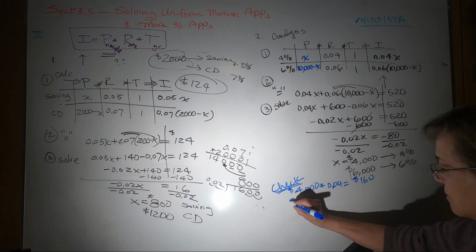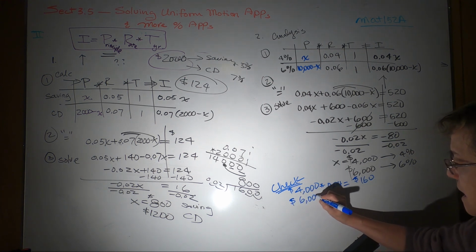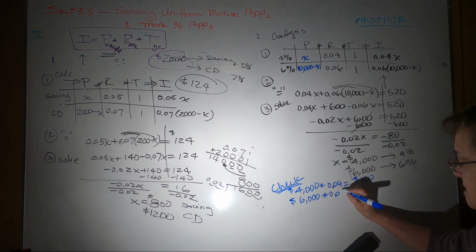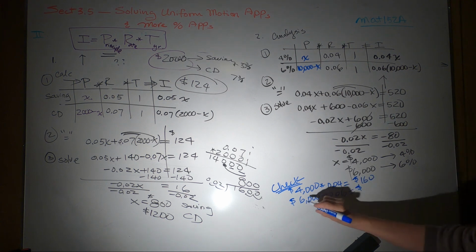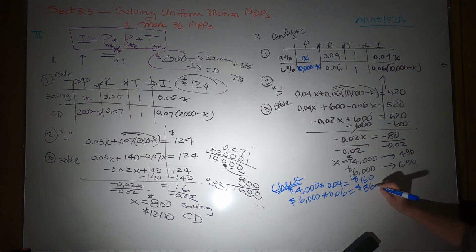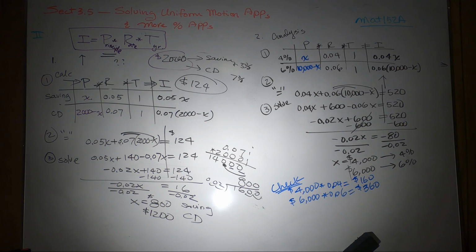Then another one is what? 6,000 times what? 6%. That would be $360. Right? Then total, how much? You add them together will be 520. That's what they say. Total interest on the $10,000 would be what? $520. That's how you check them.